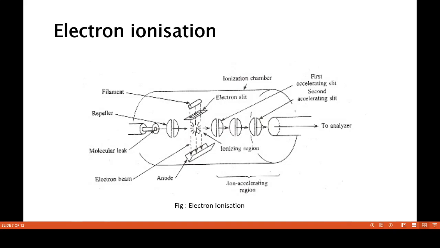This we saw in the previous lecture on the basic principles of mass spectrometry. In this case, there is a formation of a molecular ion and two electrons are released. Due to this high bombardment of electrons on the molecular ion, the molecule gets fragmented.